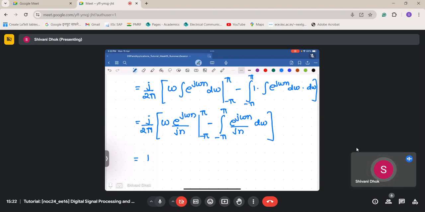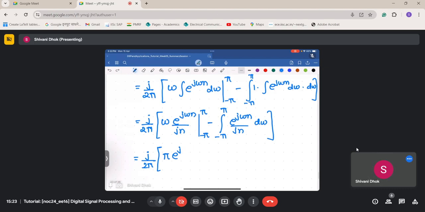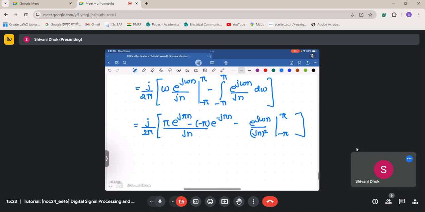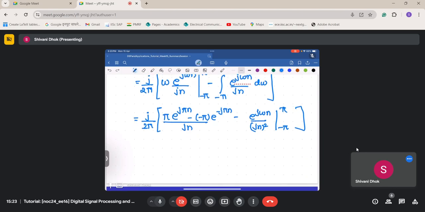This I can simplify as j upon 2 pi. Here I'll have pi into e power j pi n upon j n, minus pi into e power minus j pi n upon j n, minus e power j omega n upon j n squared from minus pi to pi. So now I have j upon 2 pi inside the bracket.